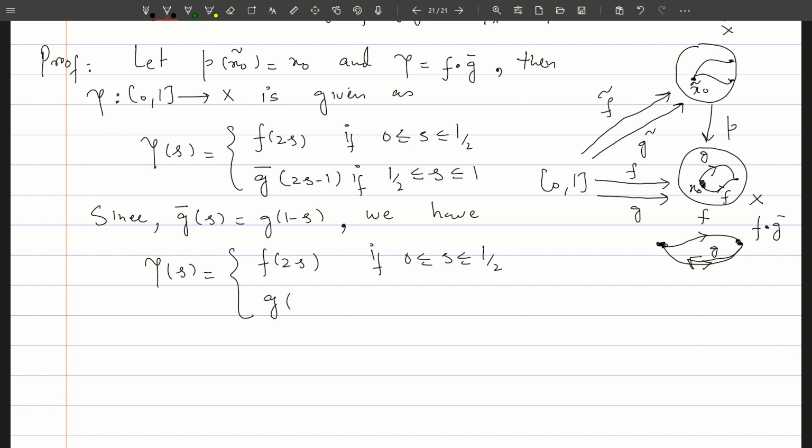So this is g of 1 minus 2s plus 1, that is g of 2 minus 2s, if s lies between half and 1.